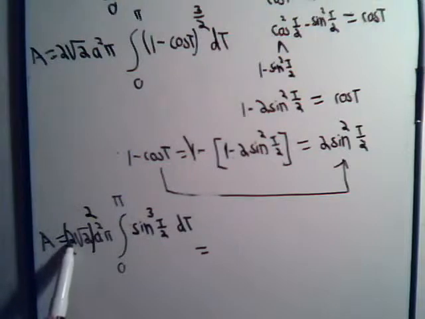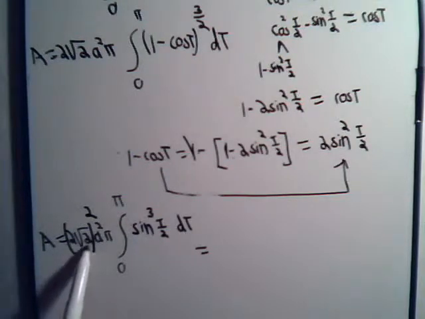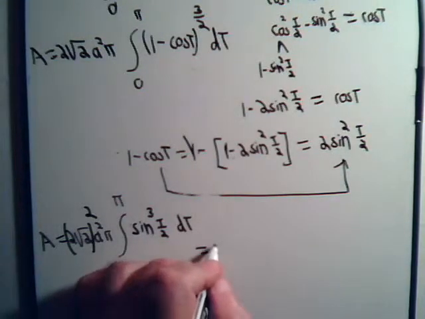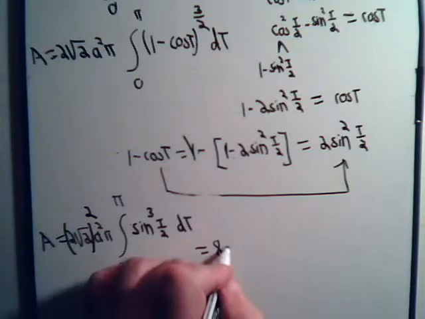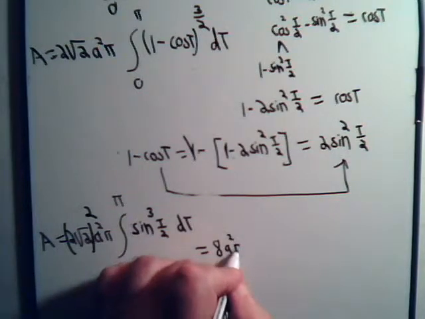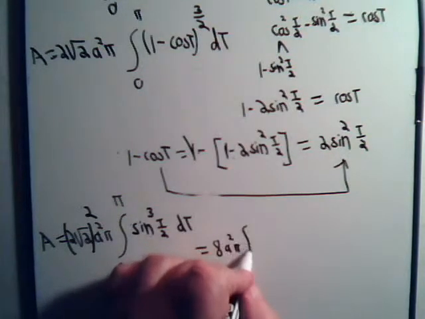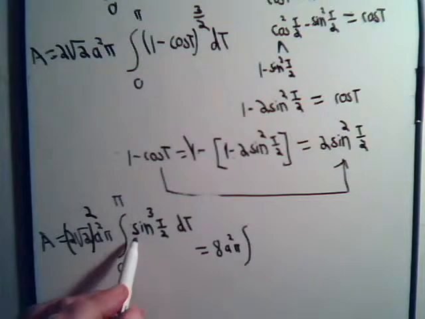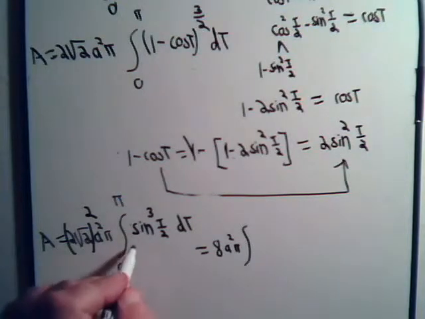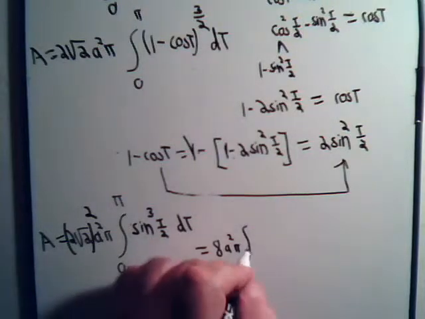So here we have 2 squared, that's 4. 2 over 2 squared, that's 2, so this should be 8 a squared pi times the integral of the sine cubed of t over 2. That's the same thing as the sine squared of t over 2 times the sine of t over 2.